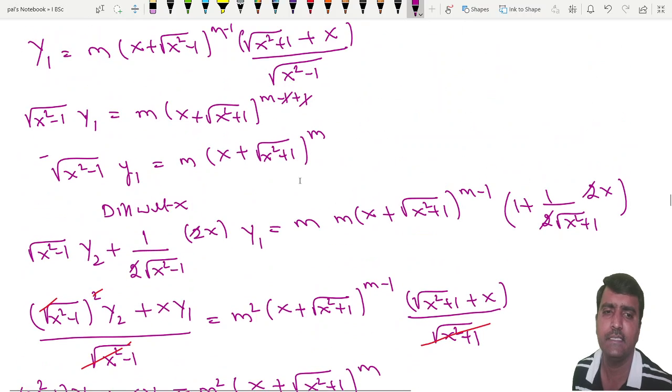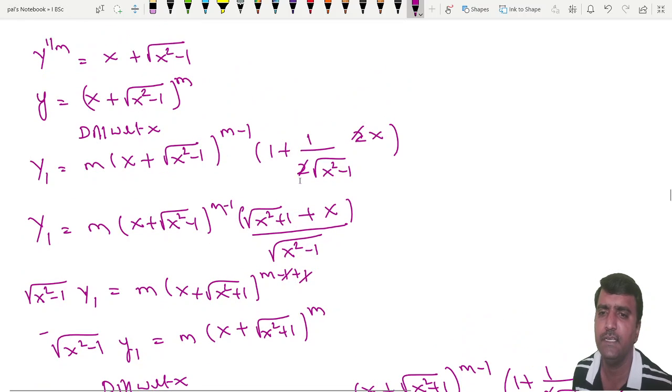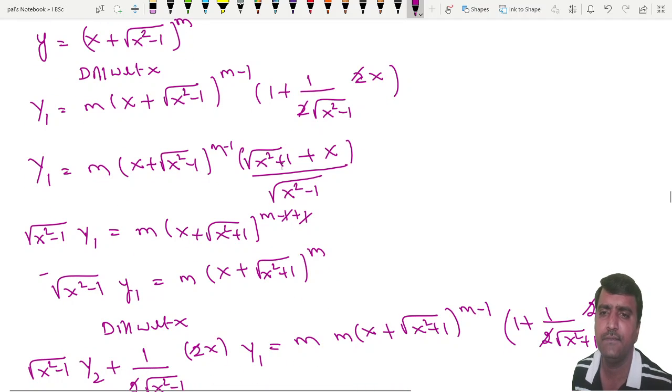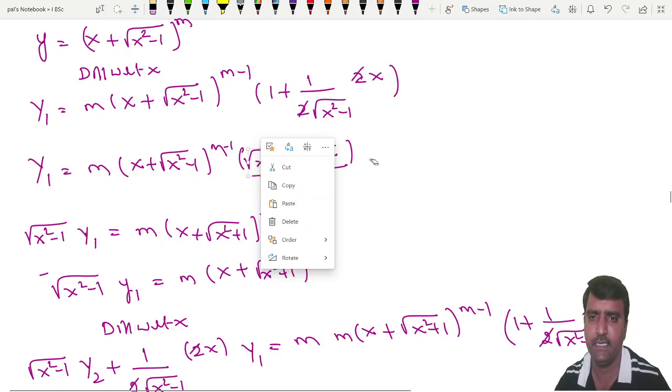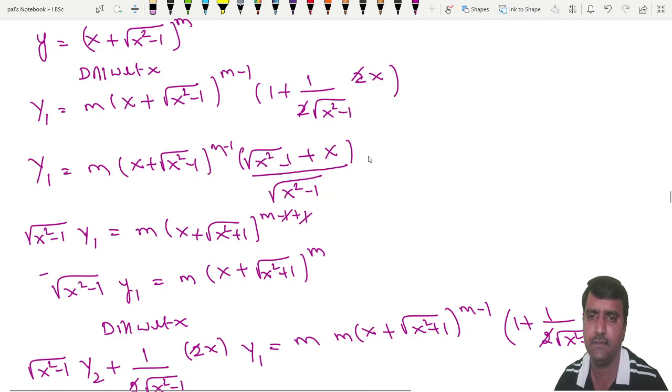Sorry, it is x square minus 1. I don't know from where I changed it to x square plus 1. So make it minus 1 everywhere.